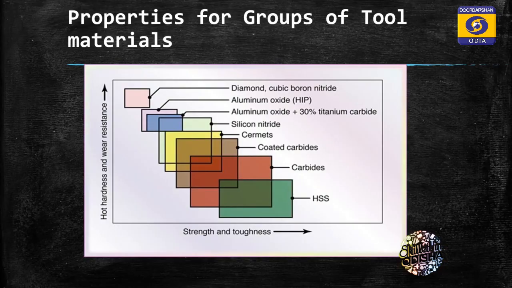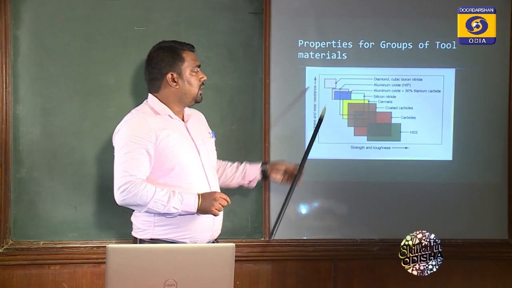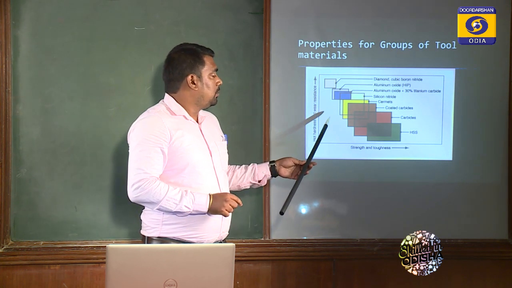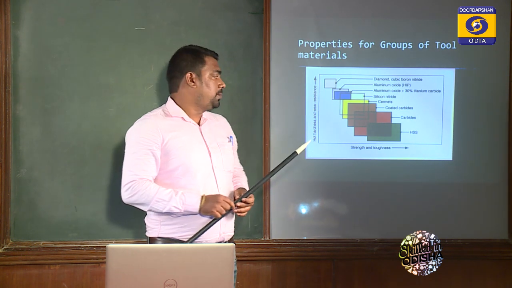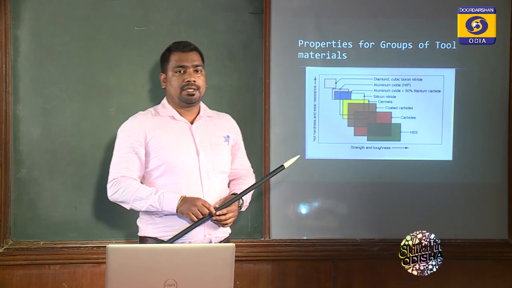HSS has high strength and toughness, but if we take hot hardness and wear resistance into consideration, then diamond and cubic boron nitride are excellent cutting tool materials. In between we have other cutting tool materials, with strength and toughness on the x-axis and hot hardness and wear resistance on the y-axis.